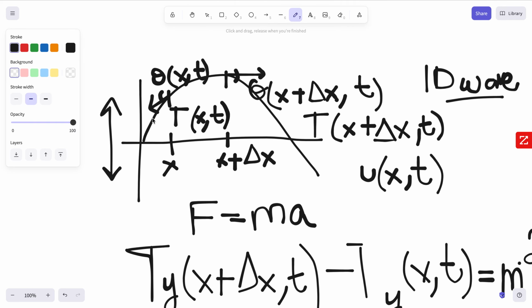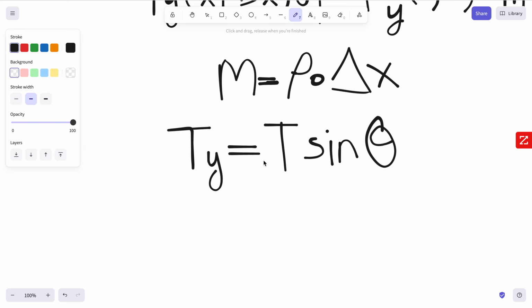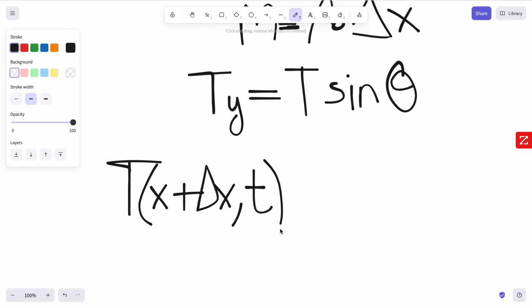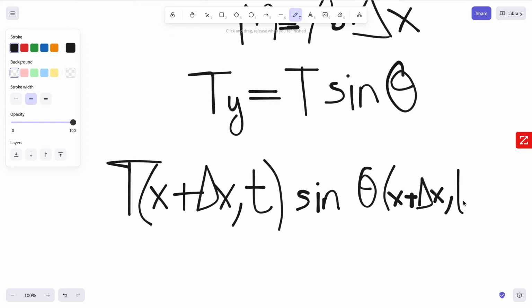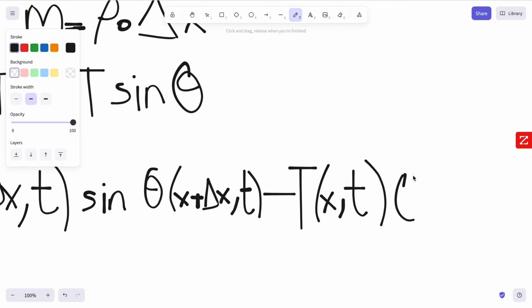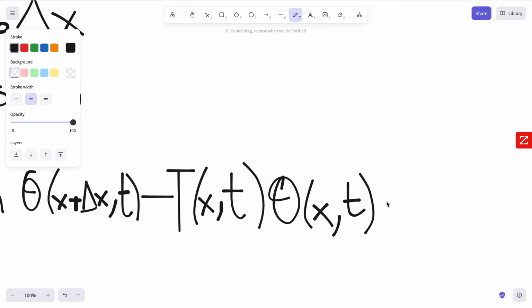Then we can rewrite our equation, because we know what theta and T are, and now we know what mass is, as tension at x plus change in x, comma t, times sine of theta at x plus change in x, comma t, minus T at x comma t, times sine of theta at x comma t, and that is equal to rho naught times change in x times, again, the second time derivative of the y position.